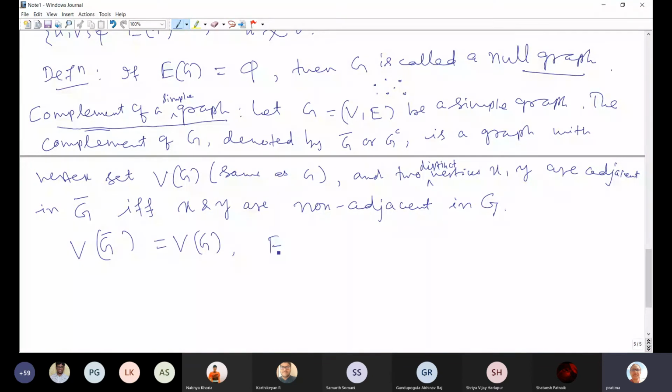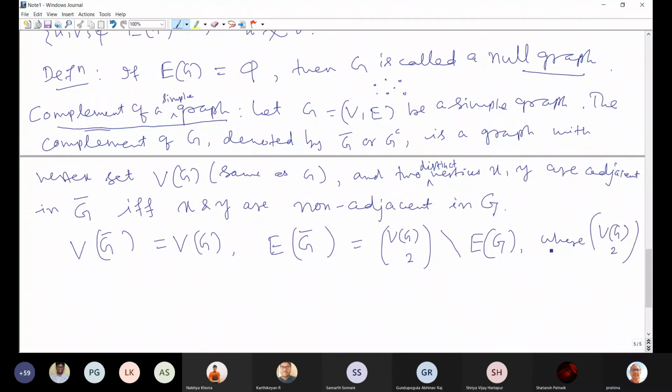And what will the edge set of the complement graph be? Here, the set of all 2-subsets of the vertex set of G, suppose I write it like this: V(G) choose 2 minus E(G). We can write it like this. So what is this notation I have written here?